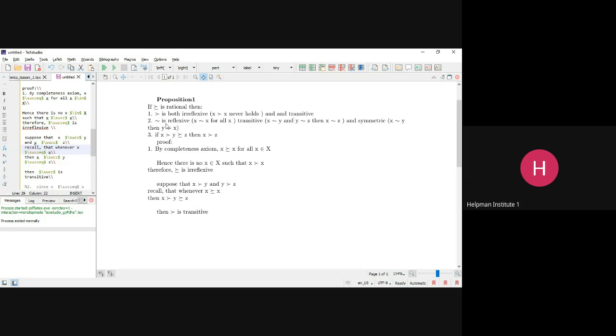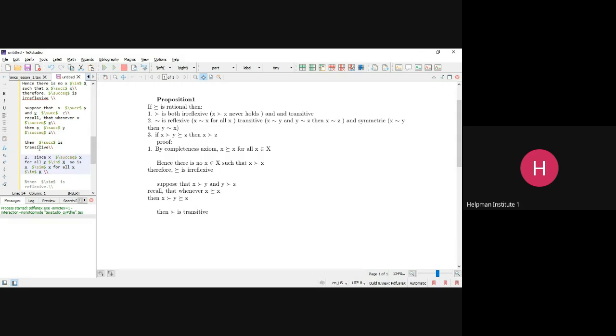All right, so let's go to the second proof of reflexive. Now we are making a proof of this indifference. If our preference relation is rational, definitely this indifference is reflexive.